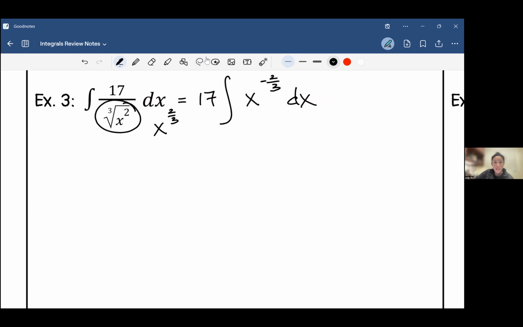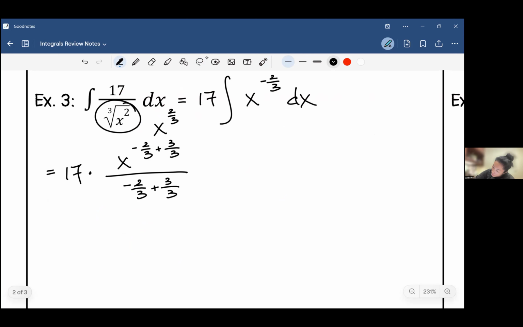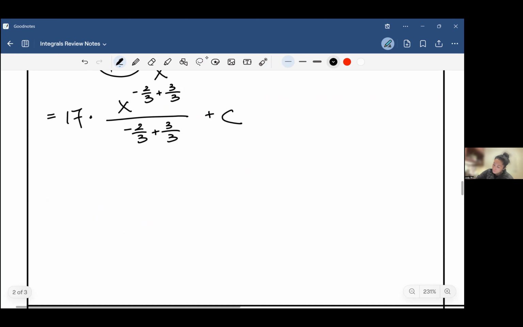Okay, so looks like a case of the power rule. We'll get 7 times, let's see, x to the negative 2/3 plus 3/3 over negative 2/3 plus 3/3 plus c. All right, let's clean this up a little bit. We've got 7 times x to the negative 2/3 plus 3/3 is 1/3 over 1/3 plus c.